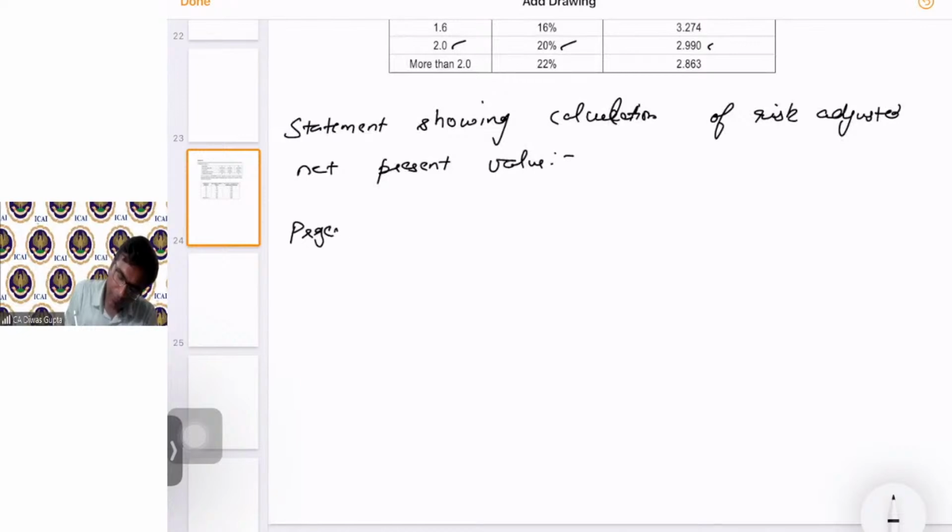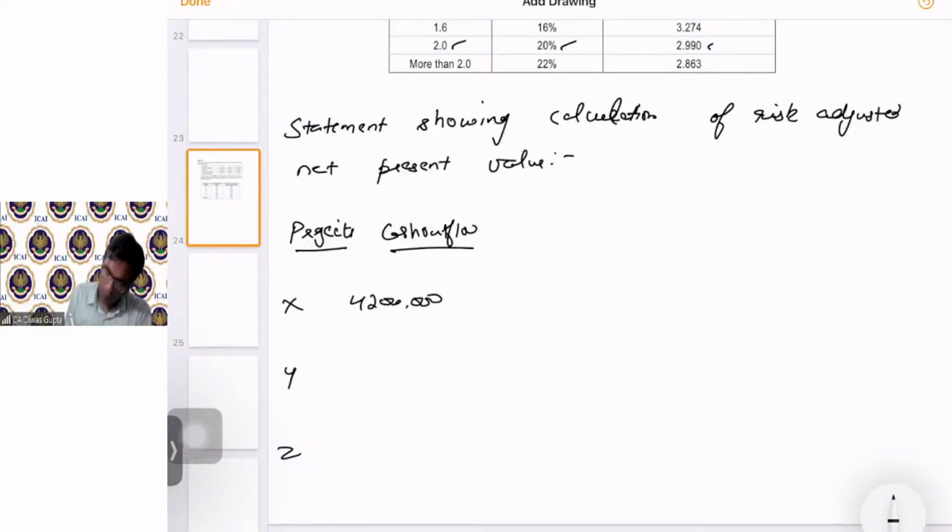Okay. Projects X, Y, and Z. Cash outflow 42 lakhs, 24 lakhs for project Y, and project Z is 20 lakhs. Coefficient of variation is how much? 2, 0.80, and 1.60.